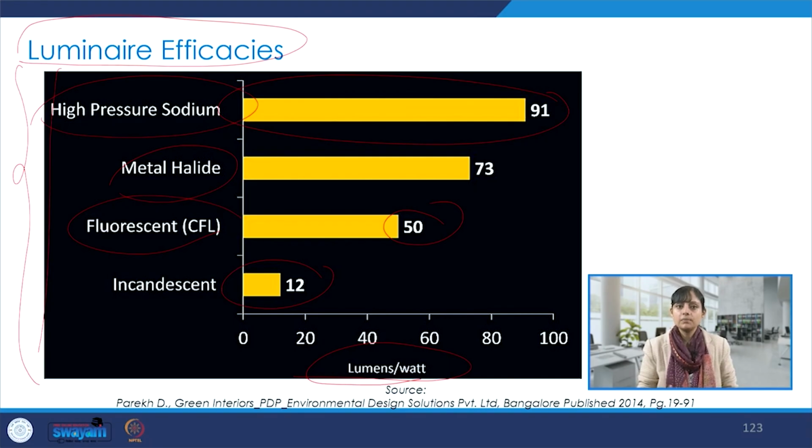So we are using them less and less, of course, because they are not so energy efficient. But here also, one has to see where we are utilizing these luminaires or fixtures. We cannot use high pressure sodium lamps everywhere, so that functional aspect has to be taken care of. But LEDs and CFLs do provide, of course, a better solution compared to conventional incandescent lamps.